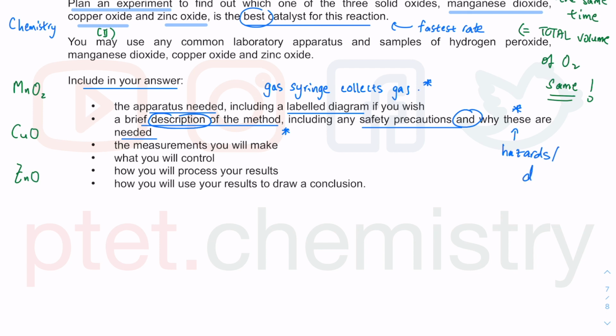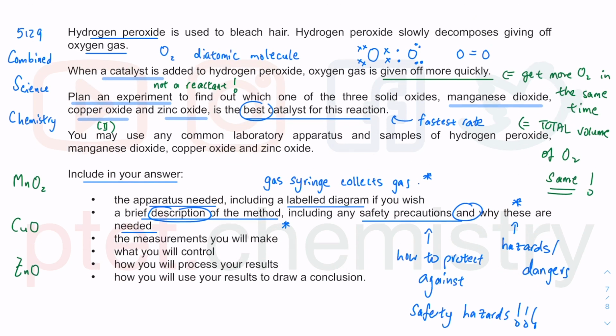Hazards mean dangers, and safety precautions mean basically how to protect yourself against the safety hazard. So for instance, if you use something corrosive like acid, then you will use chemical resistant gloves, but we are not using acid here. We are simply producing a large amount of oxygen gas.